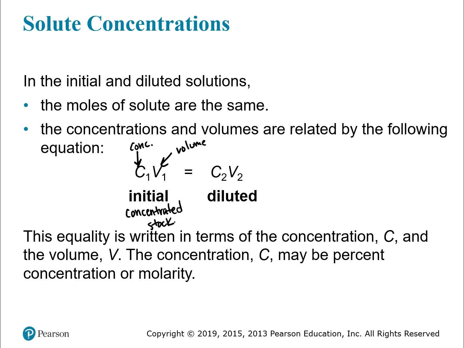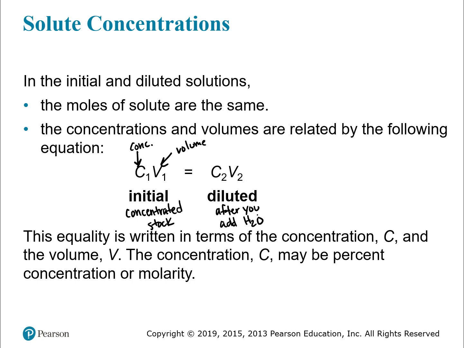So think about the juice concentrate that's frozen, that's the initial conditions. The diluted stuff is C2V2, and that's after you add water, or whatever you're using to make your dilution, but it's usually water.